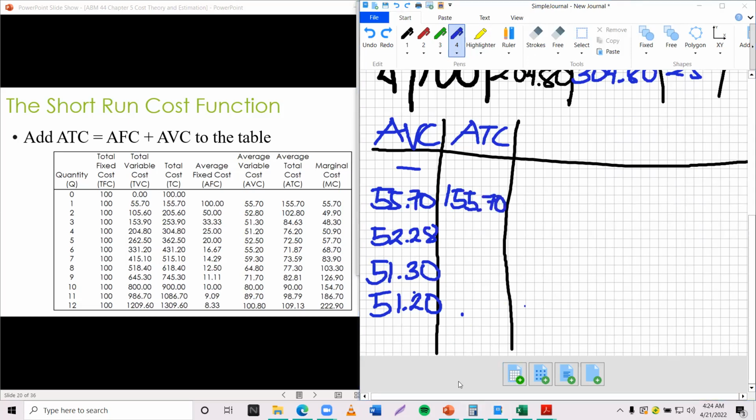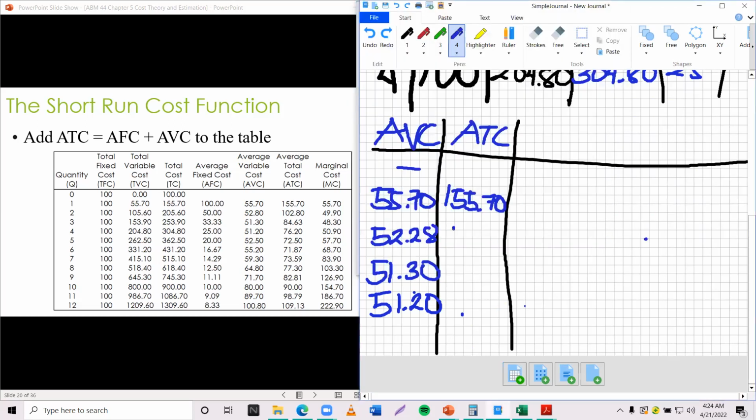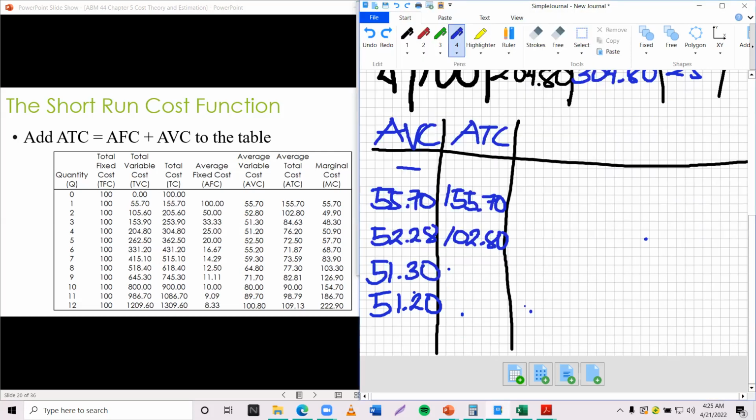Next, 50 plus 52.80 would be 102.80. Next, 33.33 plus 51.30 gives you 84.63.